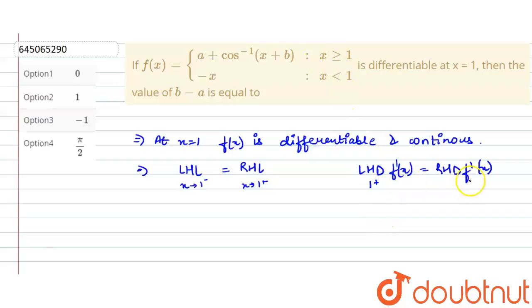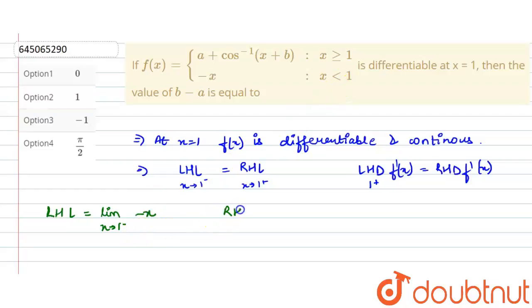So first we'll calculate the left hand limit and the right hand limit. The left hand limit is the limit as x tends to 1 minus, and for x less than 1 it is given as minus x.